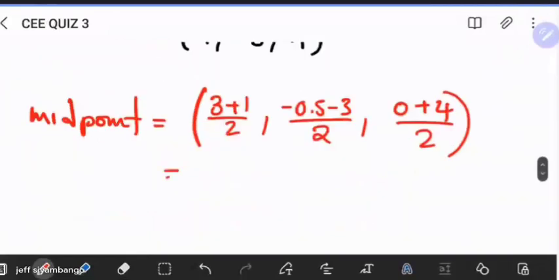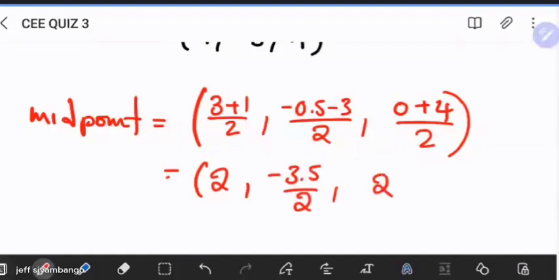So the first one is 4 over 2, which is just 2. For the second one, this is basically just going to be -3.5 over 2, comma, and 4 over 2 again, we get a +2 here.